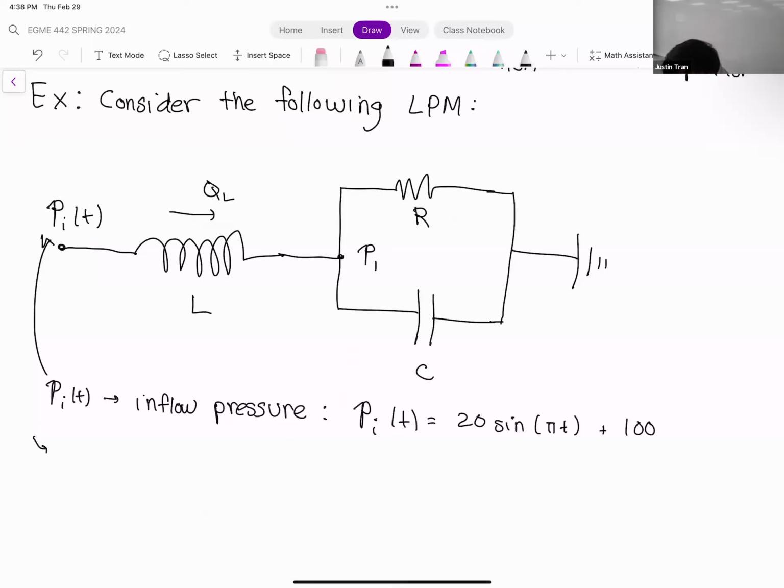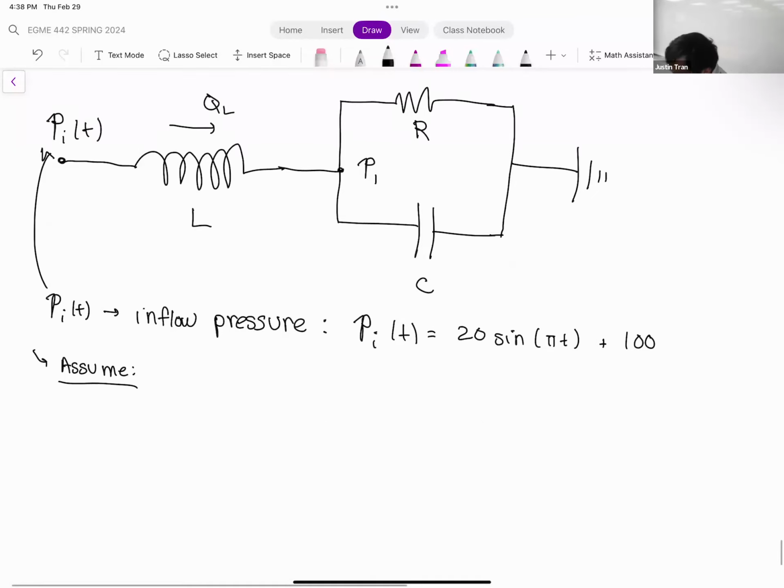All right, so let's also assume that all the circuit values are given. So the values of L, R, and C are known.